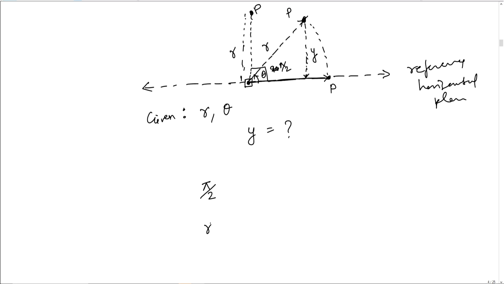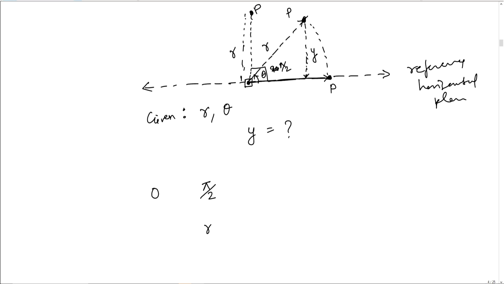At angle pi by 2, 90 degrees, the height of this end P from the ground is r. If you think about the starting point, when the ladder was horizontal, it was lying on the reference horizontal plane. The height of point P from the ground was 0, and the angle was also 0.